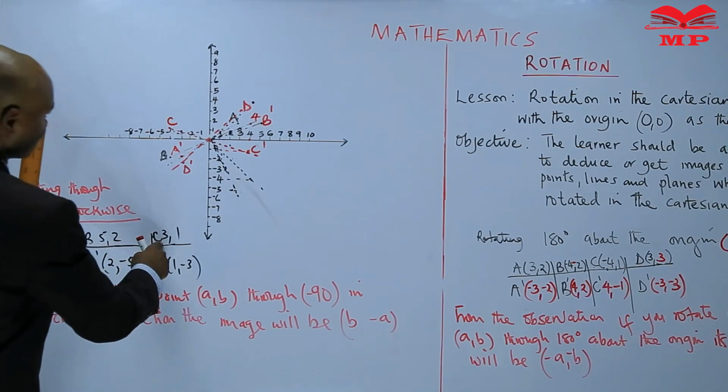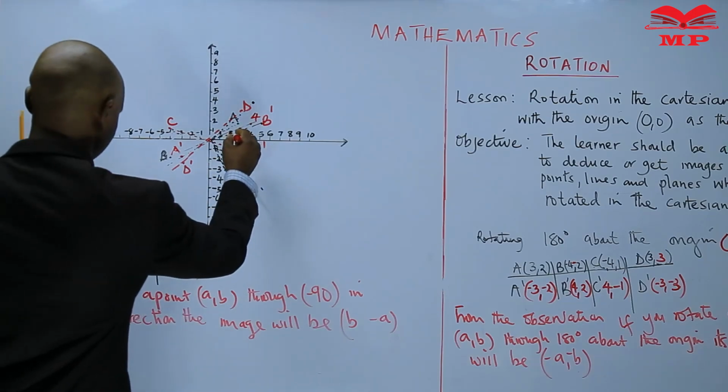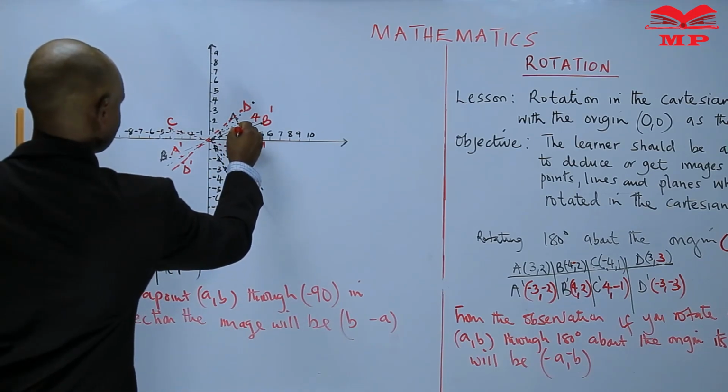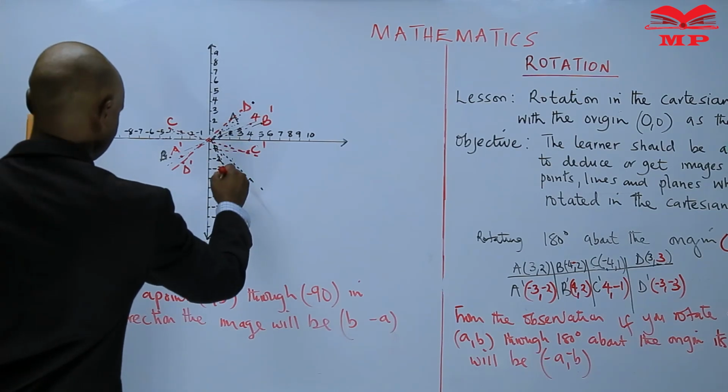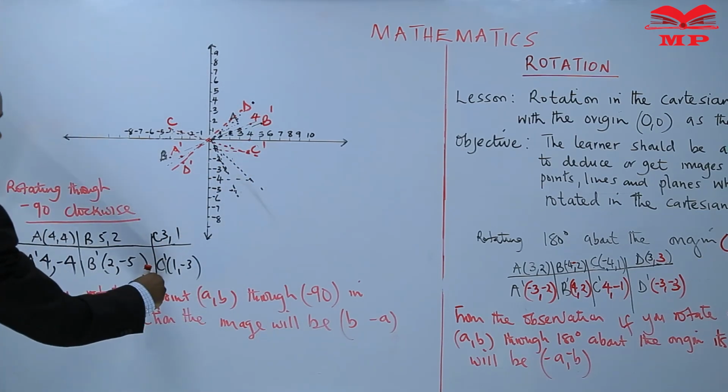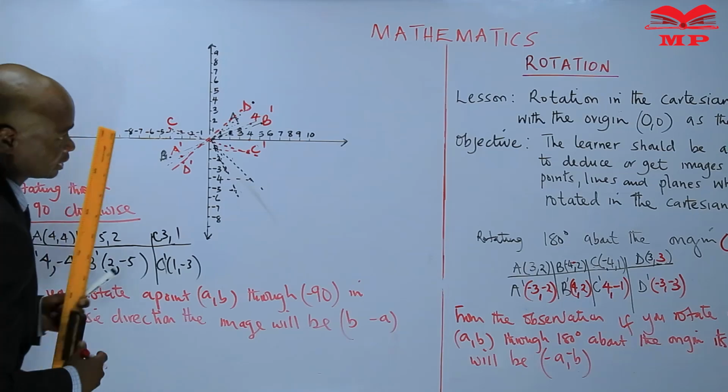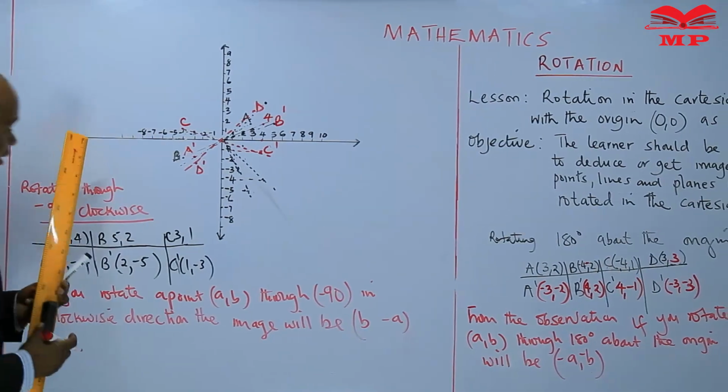We come to that one, 3, 1. It was here. So finally it becomes 1, -3. So 1 comes here and the other one changes the sign.